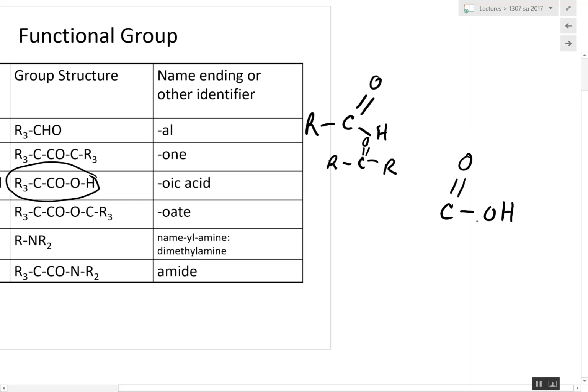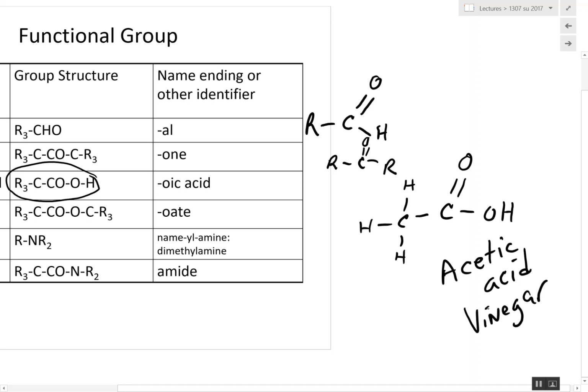This is not an alcohol. It's a carboxylic acid. And if you put a methyl group on there, you have something you're very familiar with, and have tasted before. This is acetic acid, which is in vinegar.